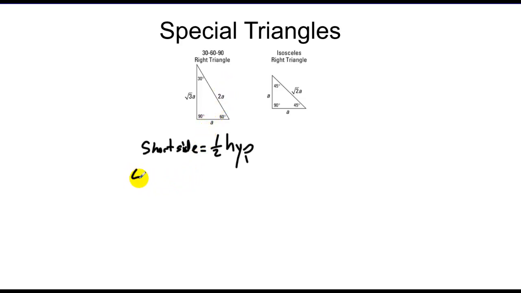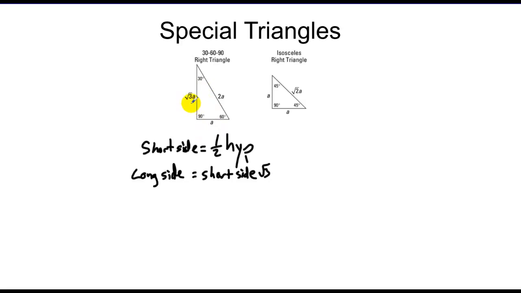And then the long side is equal to the short side times root 3. And you can also see that in this picture. Here is the long side opposite the 60-degree angle, and here's the short side opposite the 30-degree angle.